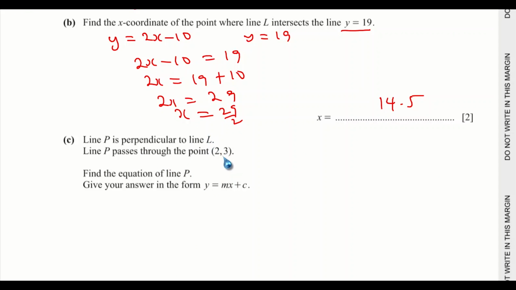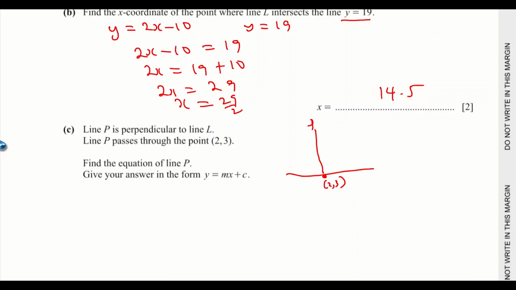So let's go to part C. Line P is perpendicular to line L. If you have line L like this, and line P is perpendicular, this will be line P. Line P passes through the point (2, 3). Find the equation of line P. Give your answer in the form y equals mx plus c.